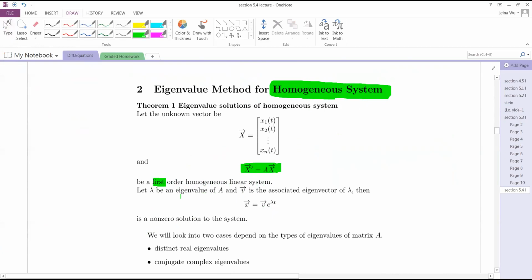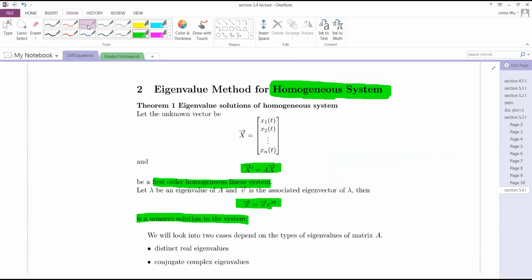If lambda is an eigenvalue of A and v is its associated eigenvector, then the theorem says I can get a solution: x equals v, the eigenvector, times e raised to the lambda t. This x equals v e^(lambda t) would be a non-zero solution to this system.